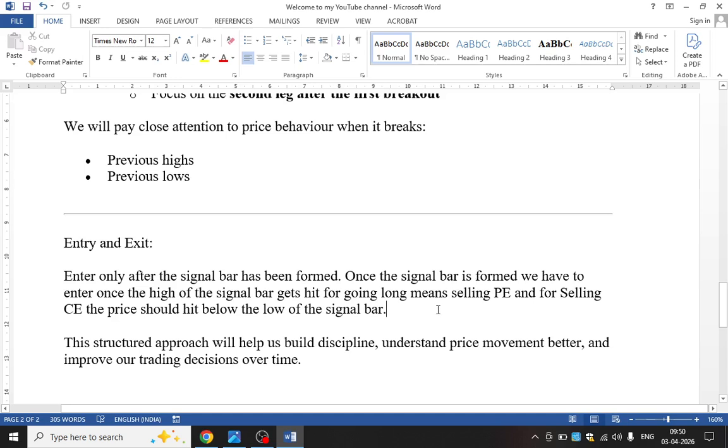If we are going to go long, meaning if we are going to sell a PE, once the high of the signal bar gets hit, we are going to enter long. And for selling CE, if the price hits below the low of the signal bar, we are going to enter. So these are some of the rules, and in my next videos we will refine all those things. Now let's get back to the chart.